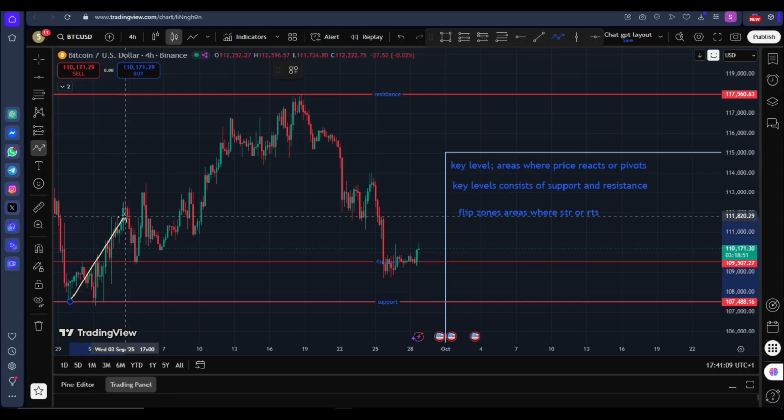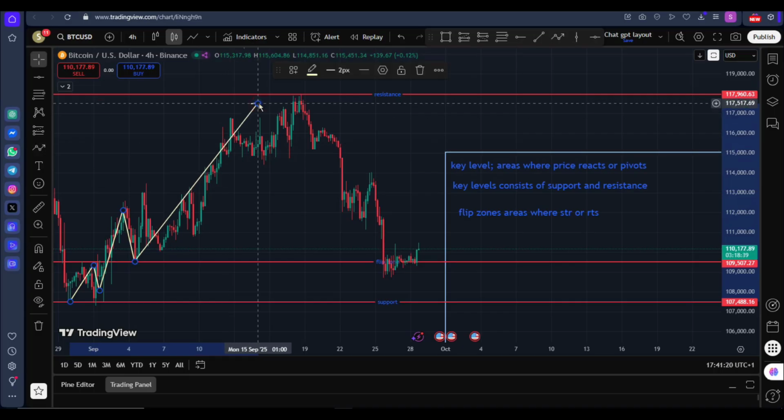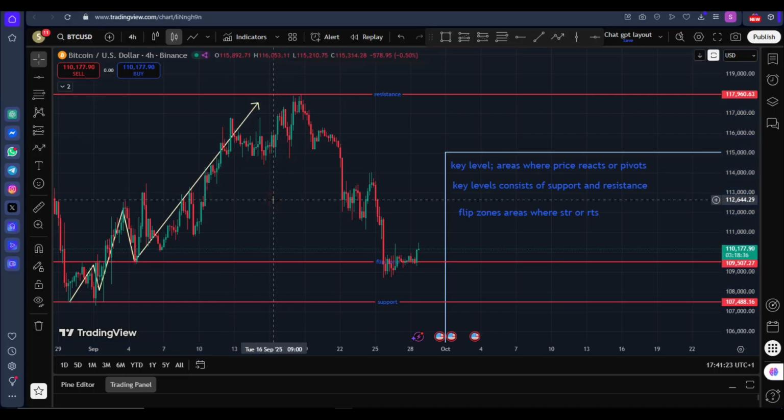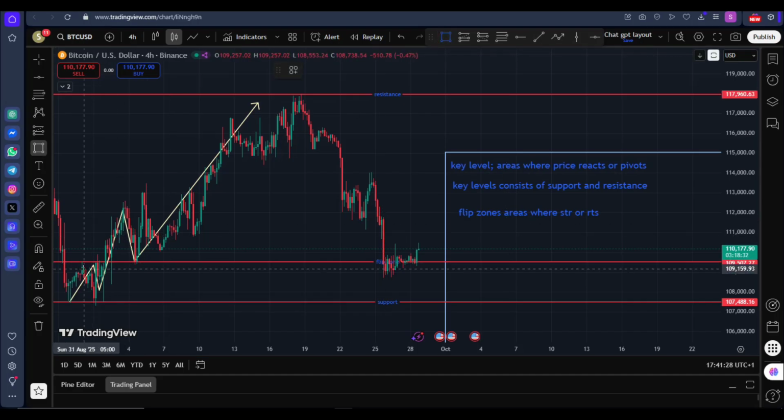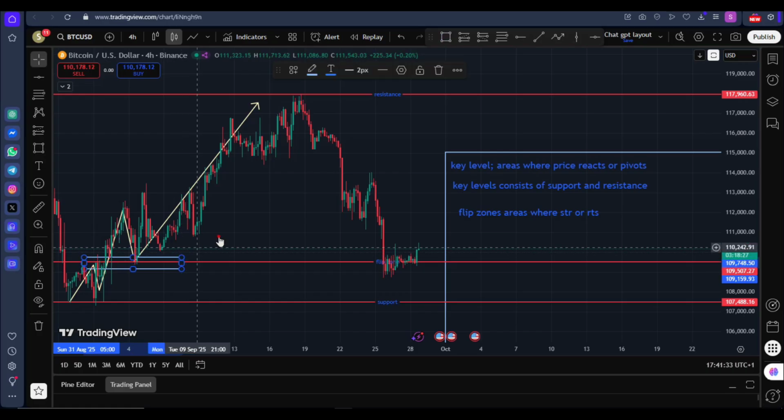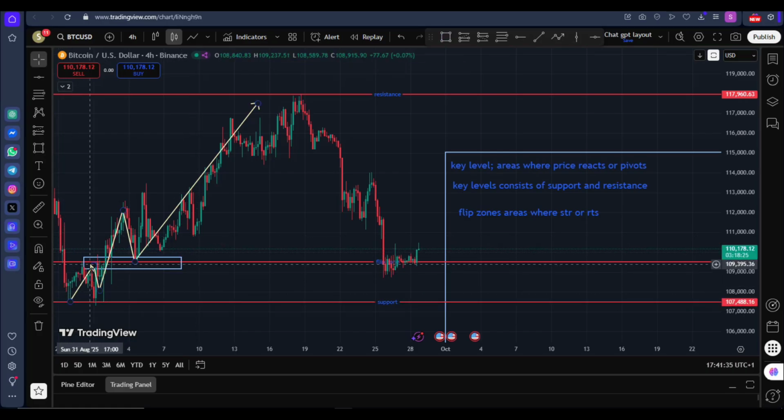Now, in the middle right here, you can actually see that price did something like this. I know I'm skipping a lot of the substructures, but that's not what we are really focusing on right now. So what price did right here is flip.